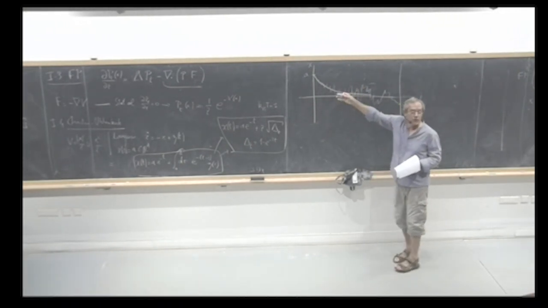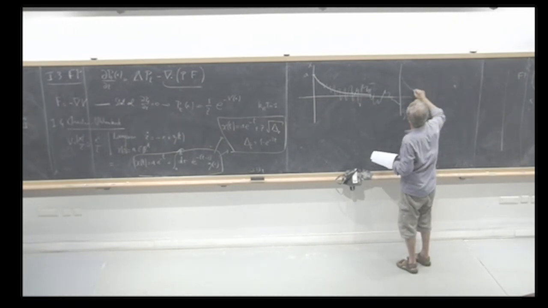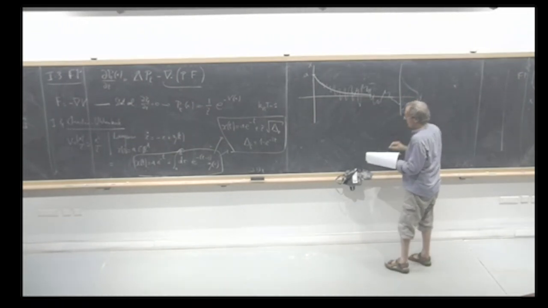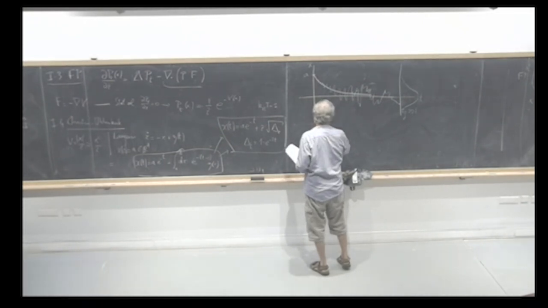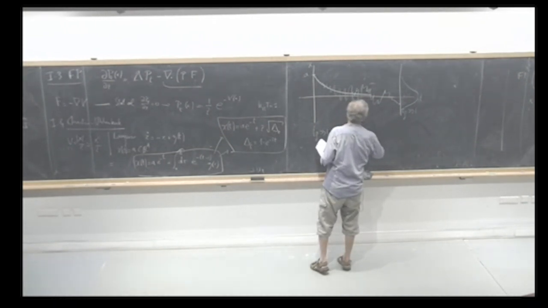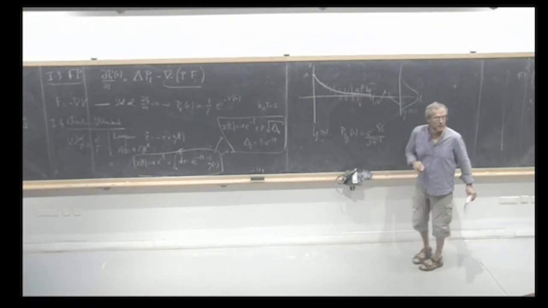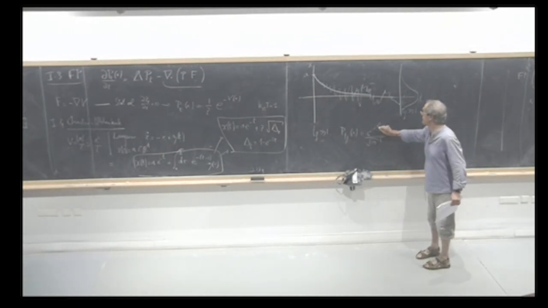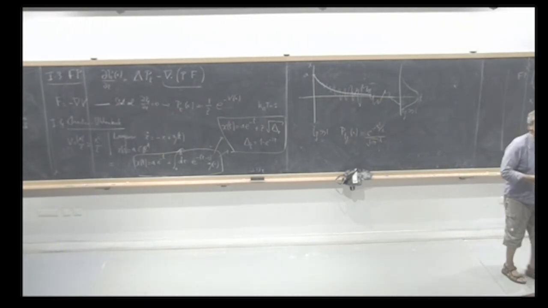You can generate many trajectories, you look at the statistics of arrival point, and you find that the distribution is a Gaussian, because for TF much larger than 1, P_TF of x is equal to e to the minus x squared over 2, normalized. It's just a Gaussian. Here I draw it in one dimension, but the same is true in any dimension.